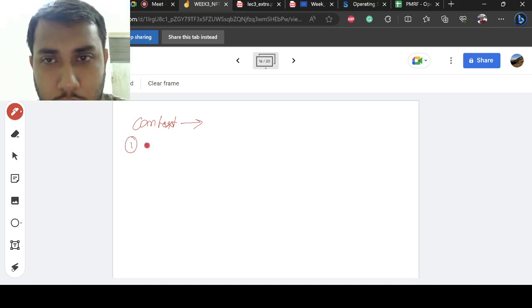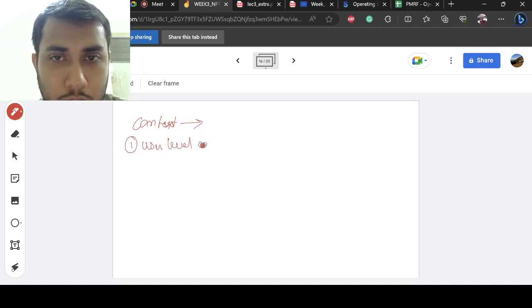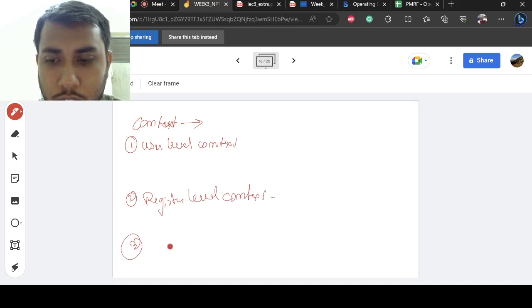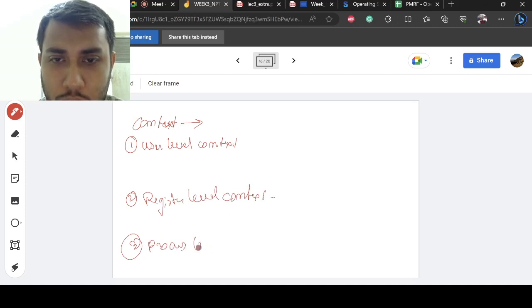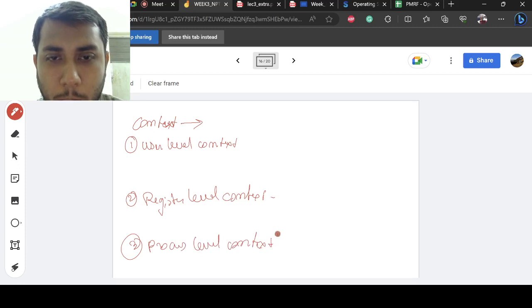One is user level context, two is register level context, and three is process level context.